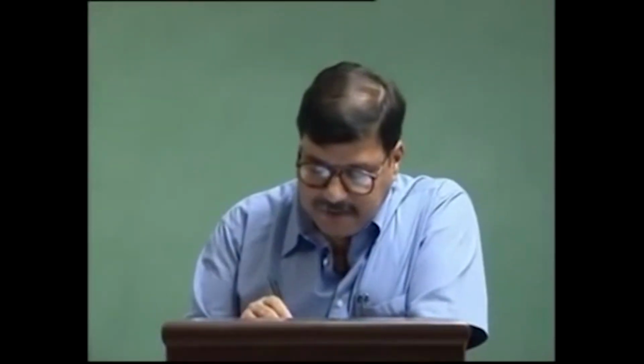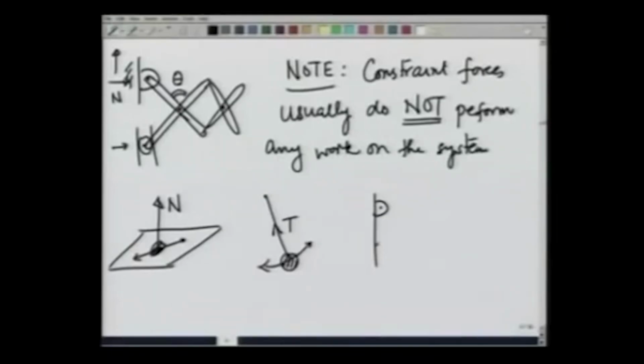How about this mechanism? The point A does not move at all, and therefore no work is done by the normal forces at this point. The normal reaction at this point B is perpendicular to the direction of motion, and therefore that also does not do any work.